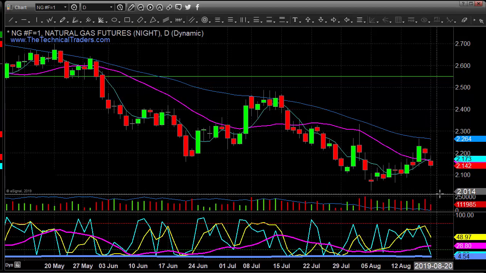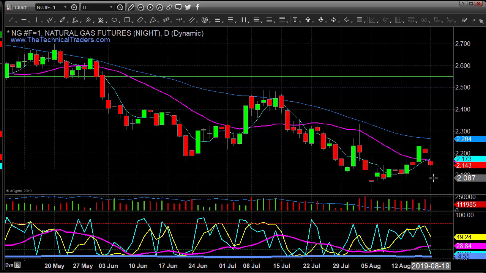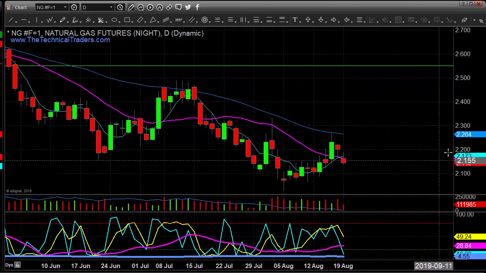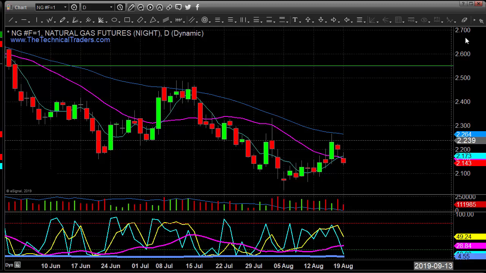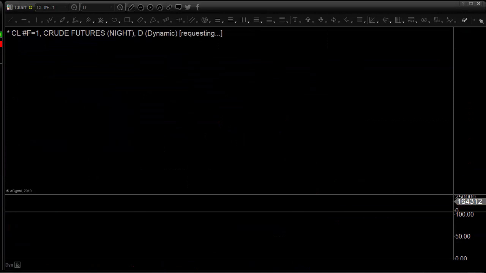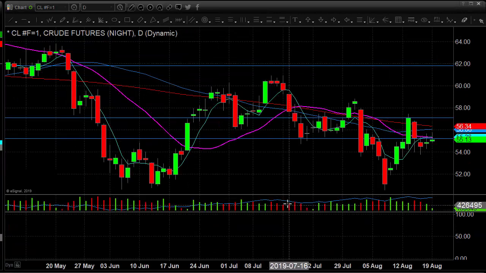We are looking for a target down around the 2 or below 2 level for a long-term seasonal buy. Usually near this time, August, September, we see natural gas put in a significant low. So we're looking for a new low. We're looking for a bottoming formation over the next few weeks for us to get long for more or less a fall/winter rally.